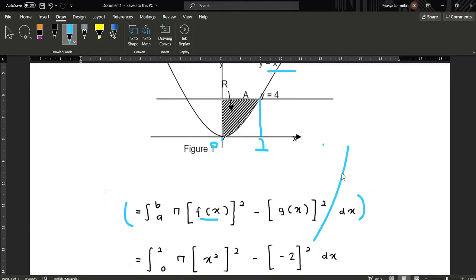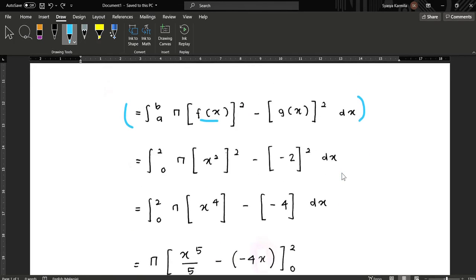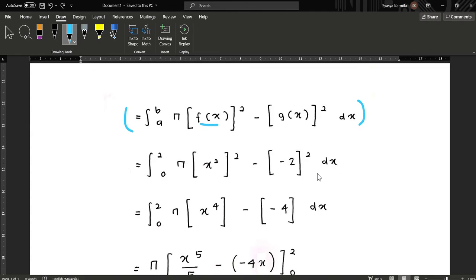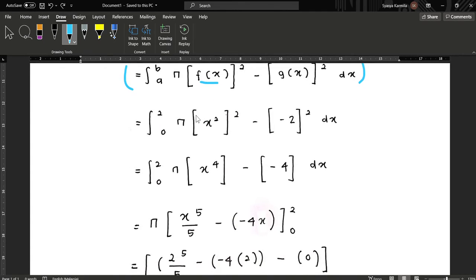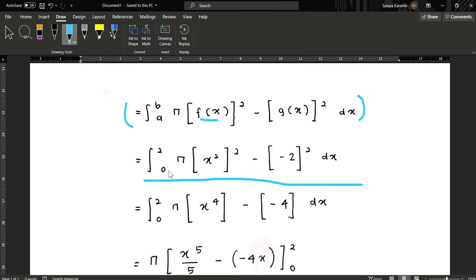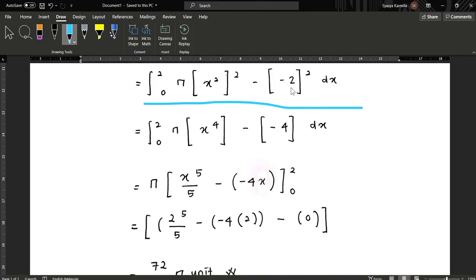It wants negative 2 for the line. So change the value from the formula. It's equal pi x squared minus negative 2 squared. I mean x squared minus negative 2 squared.